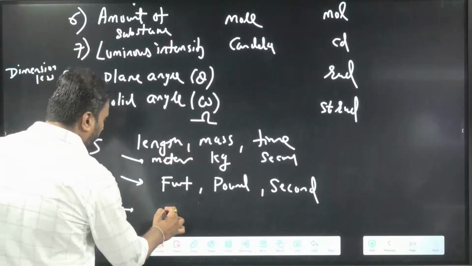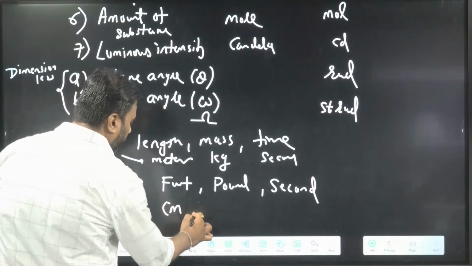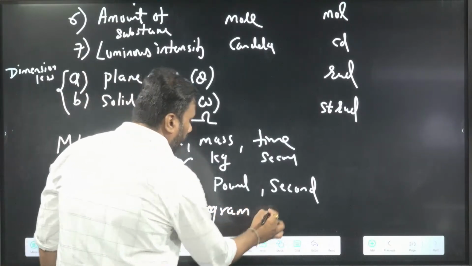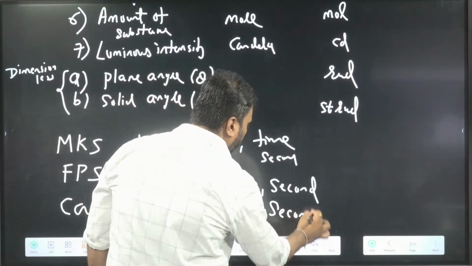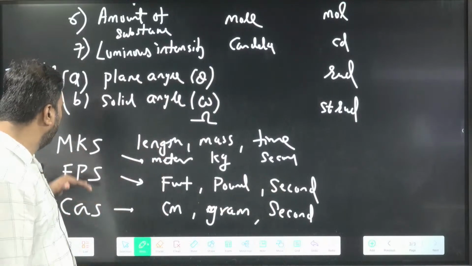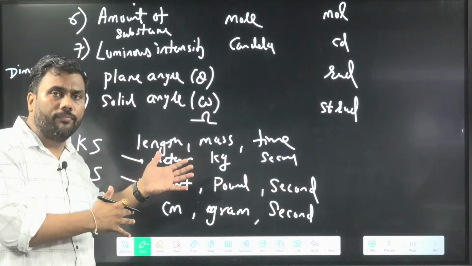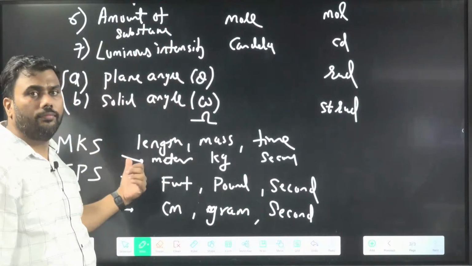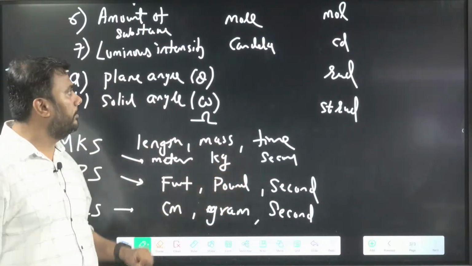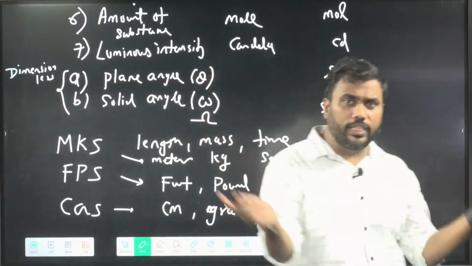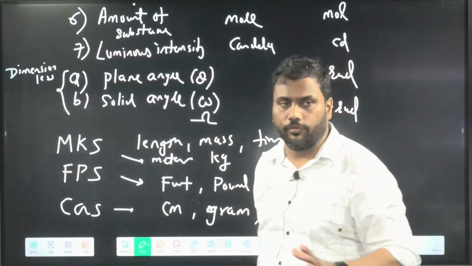They were using centimeter, gram, and second. So these 3 systems were previous systems of units, and we have derived a new system based on the MKS system, which is the SI system. Now the whole science community uses only the SI system.